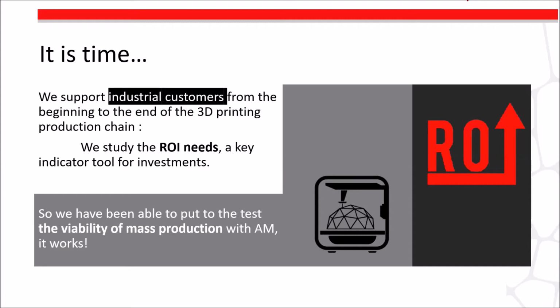So we made several studies to find the return on investment on such a machine, and we sold the first machine to a technical ceramic manufacturer, so it will be able to print a large quantity of parts with very complex design.